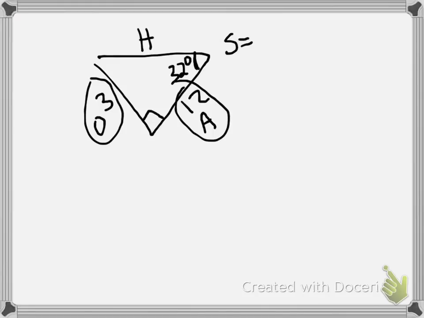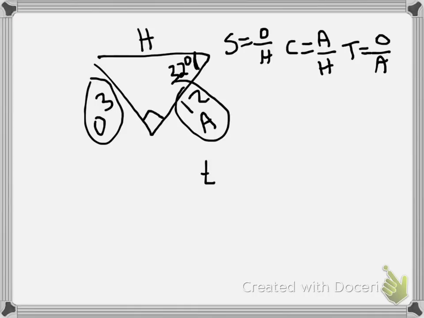So remember our symbols. Okay, so in this one, the only function that deals with an opposite and adjacent is your tangent. So this is going to be the tangent of 32, and tangent is my opposite, which is going to be 3 over my adjacent.